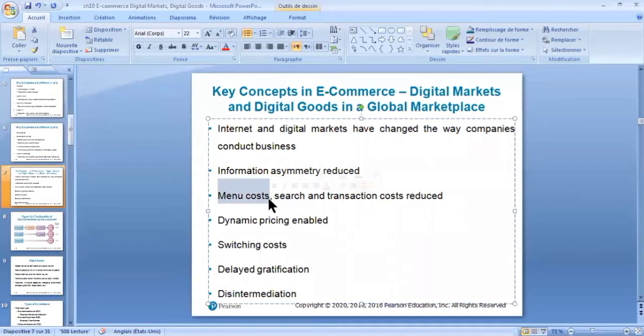When you change your menu as a seller, you need to change your prices, the selling prices, periodically. So in e-commerce you just change the price, whereas in traditional commerce you need to change everything, you change the labels, the paper, the catalogs that you have. You need to change them and this represents a cost. This cost is called menu cost.